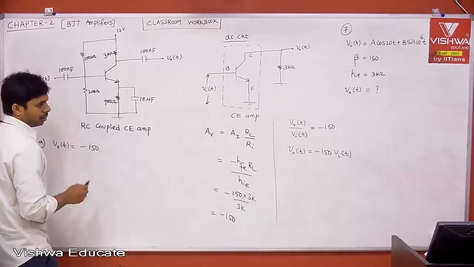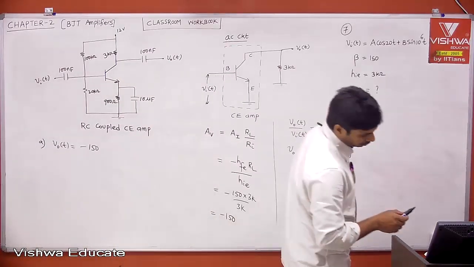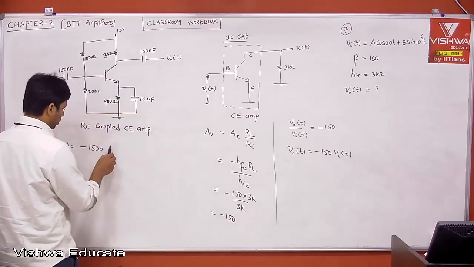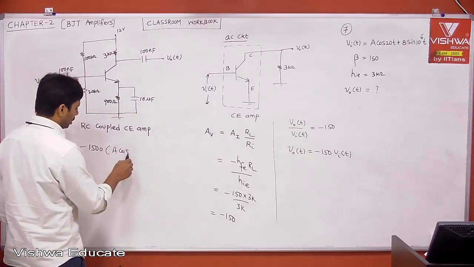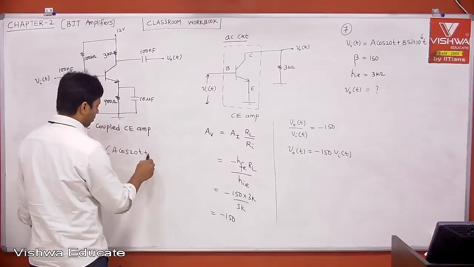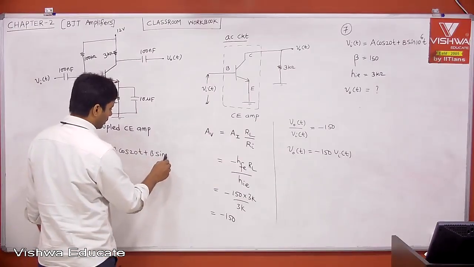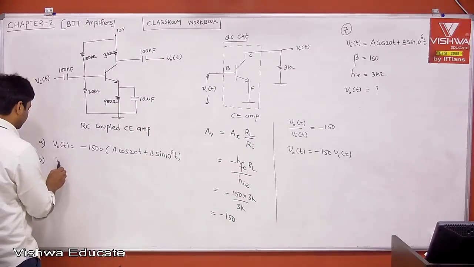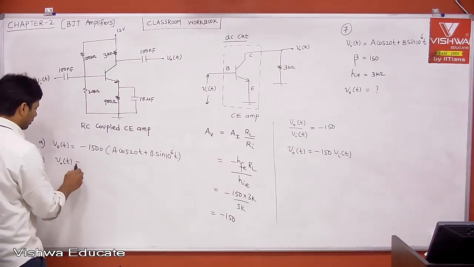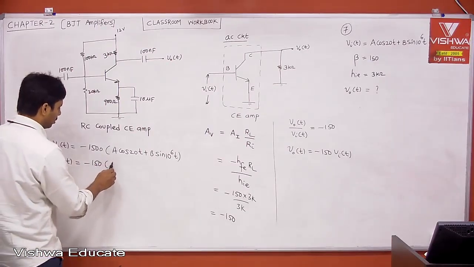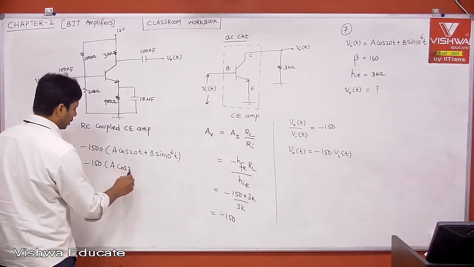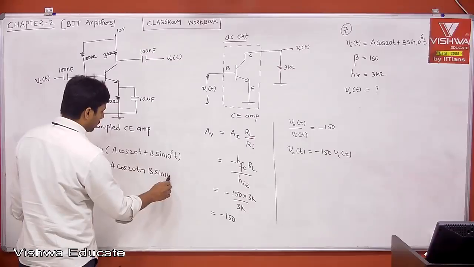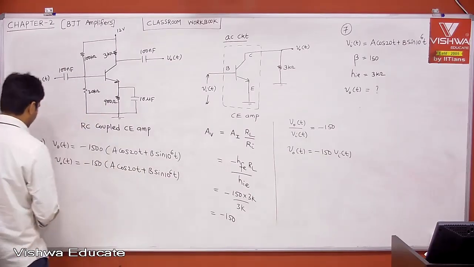Option A: minus 1500 into A cos 20t plus B sin 10 to the power of 60. Option B: V naught of t is equal to minus 150 into A cos 20t plus B sin 10 to the power of 60.